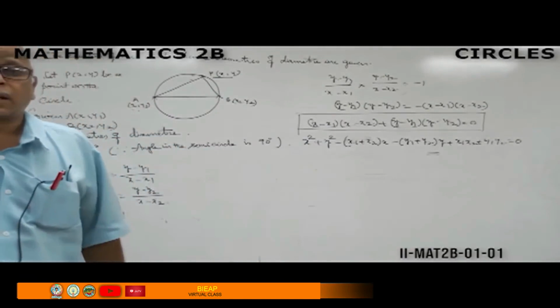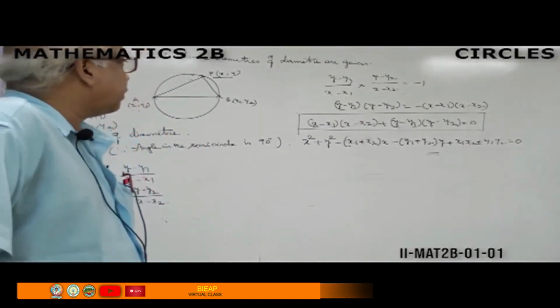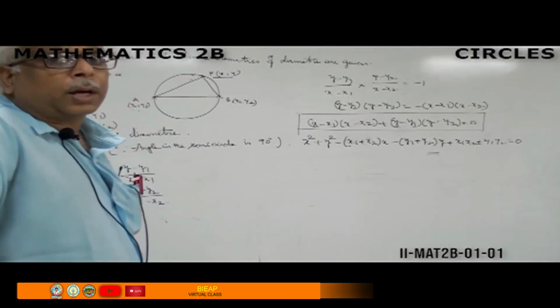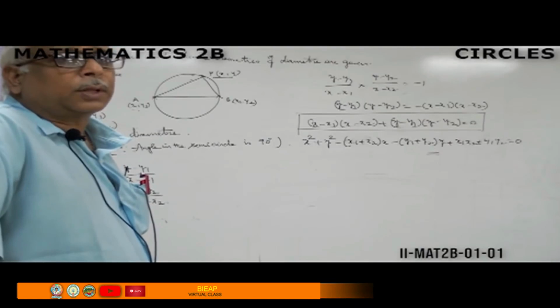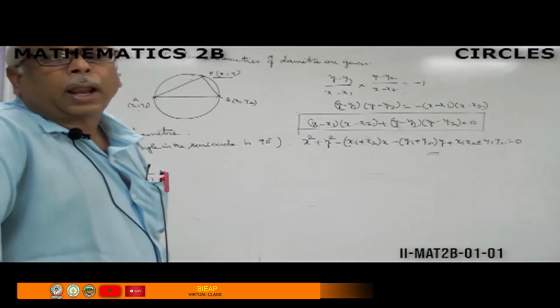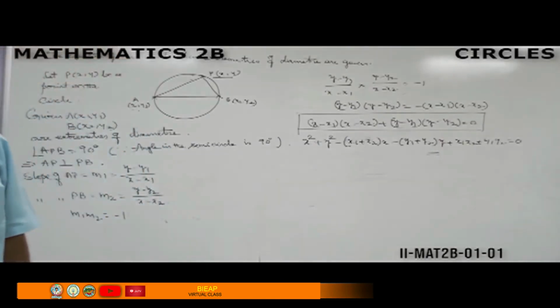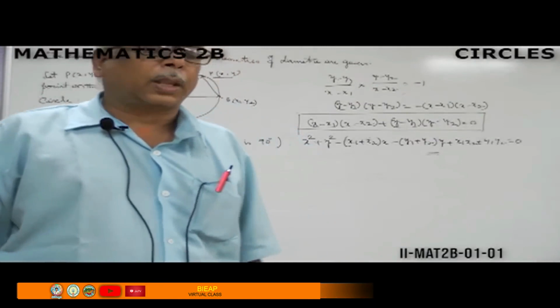So the first formula is useful when center and radius are given. The second formula is useful to assume the standard form of a circle, or when the equation of the circle is given, and using that we can determine center and radius.